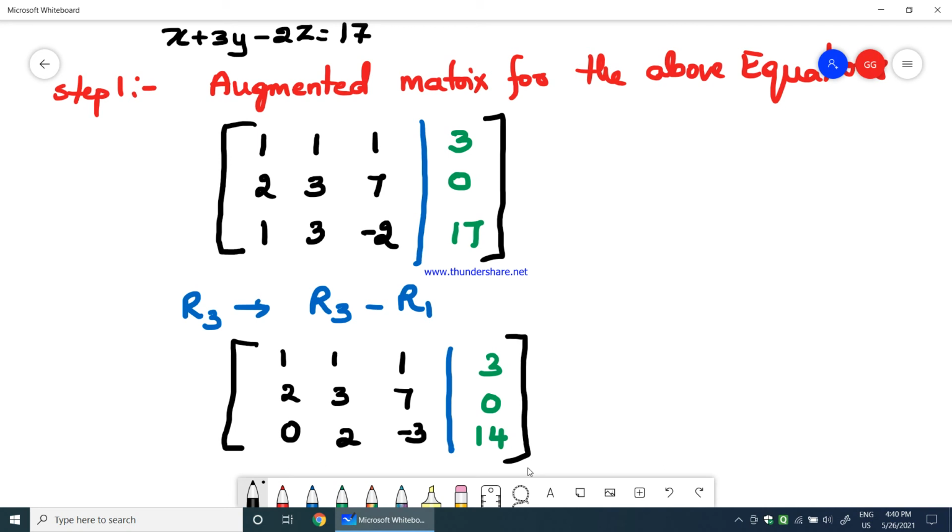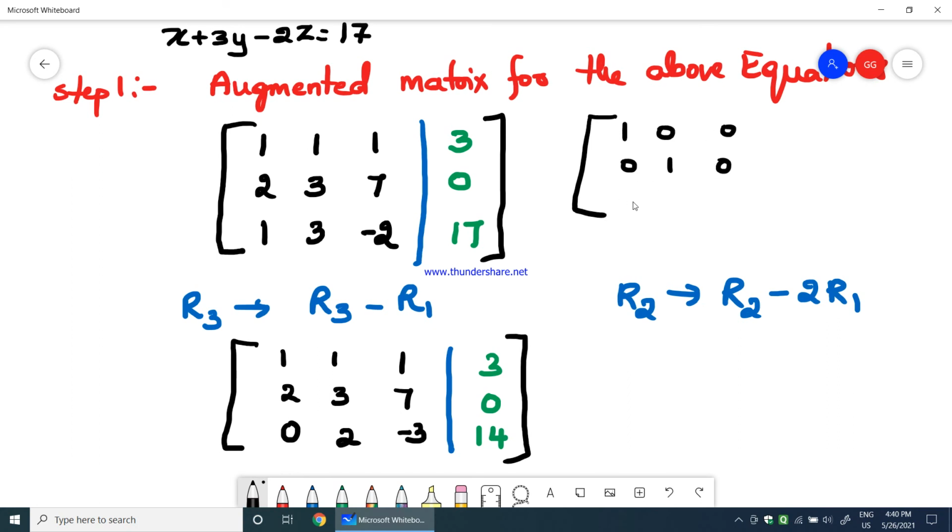Now what is the next row operation? I will take R2 to be equal to R2 minus 2 times R1. Before that, let me tell you what exactly we are doing: we are trying to convert this matrix in this way.